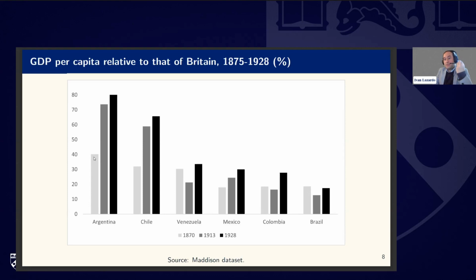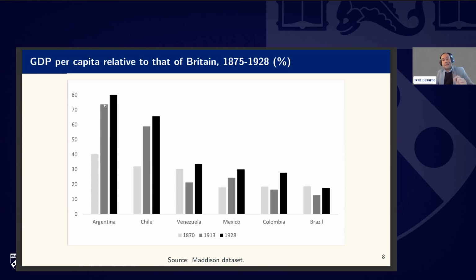We see a tremendous improvement here. There is an important increase in Argentina's relative income per capita. Argentina moved from 40% in the late 19th century to more than 70% in 1913. So this is impressive.